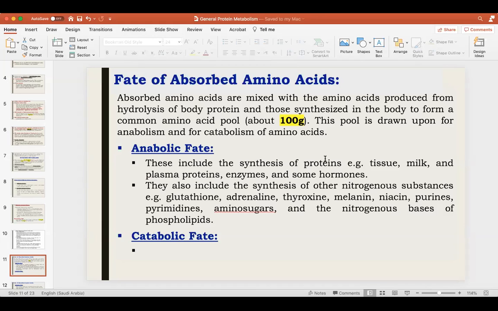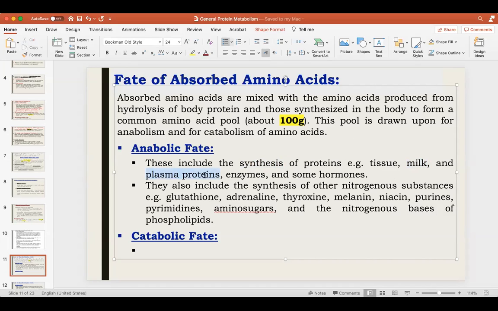Amino acids will be utilized for synthesis of important compounds such as tissue proteins, plasma proteins, some hormones which are proteins, and enzymes. So amino acids which are taken in our diet, absorbed and go to the bloodstream will be used for synthesis of important derivatives. They may be used also for synthesis of glutathione.